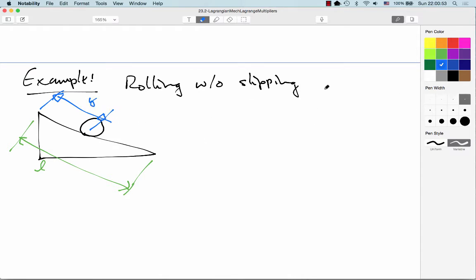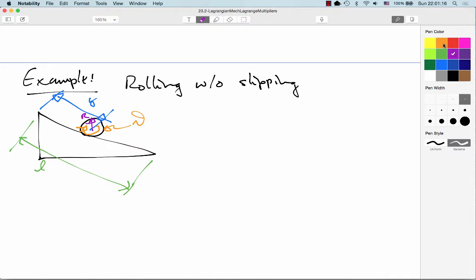And then, because this is rolling, we can imagine putting some mark on here and seeing the angle through which we've rolled here is theta. Just for completeness' sake, we'll say that the radius of the cylinder is r.